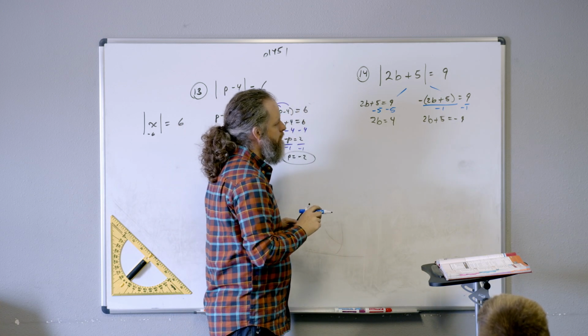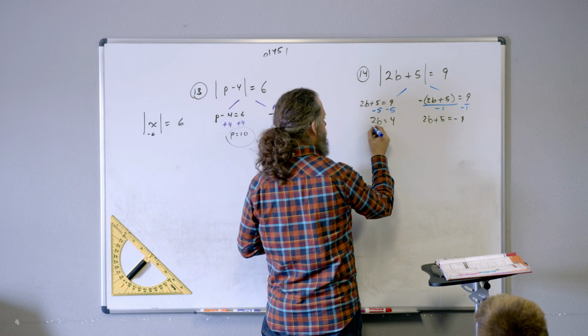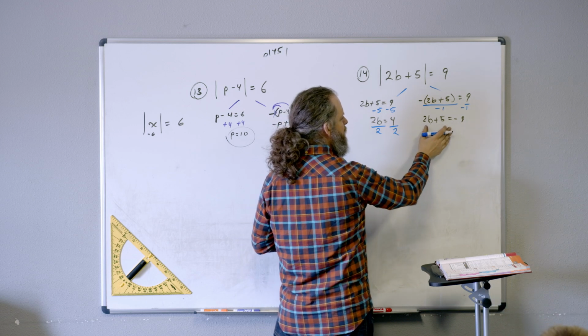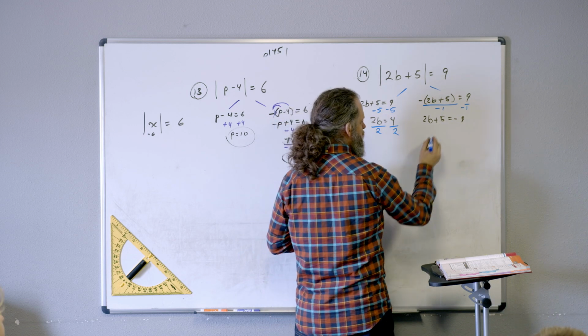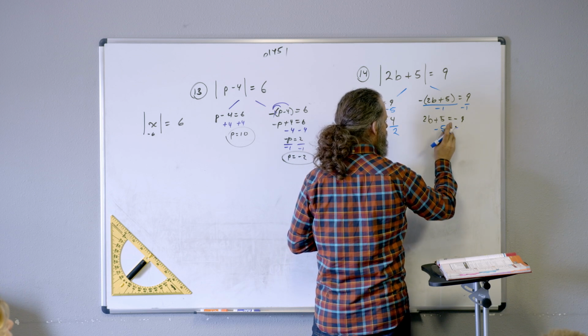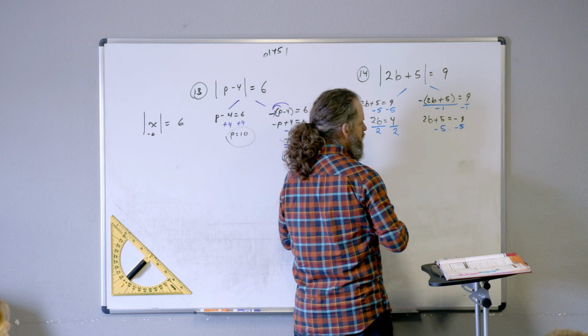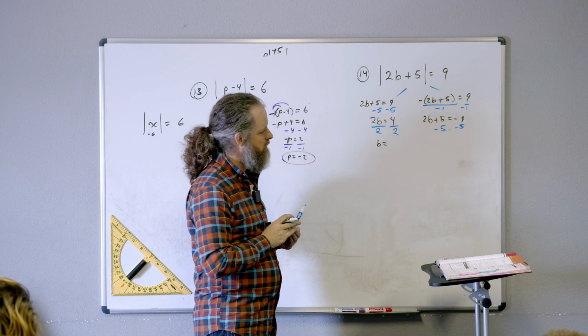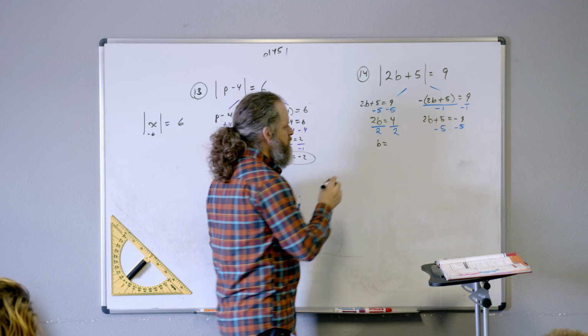So over here, what would we do? Subtract off the, or divide off the 2. What would we do over here? Subtract 5. So we end up with b equals 2.